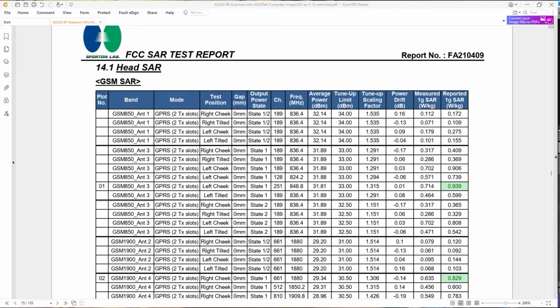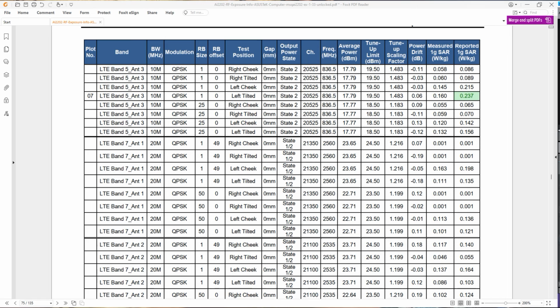And you can see here, let's go to page 75. This is it. Here you have tests for LTE band 5 antenna 3, LTE band 7 antenna 1, and the modulation is QPSK. Again, that's a different modulation, different frequencies. They have to test every single individual thing that the phone is capable of, including Wi-Fi and Bluetooth and all the radios, as I mentioned.